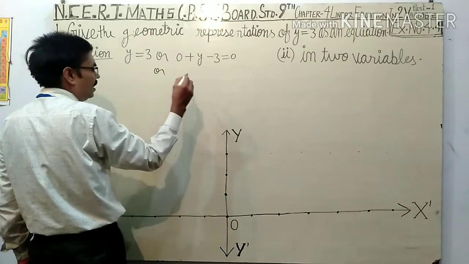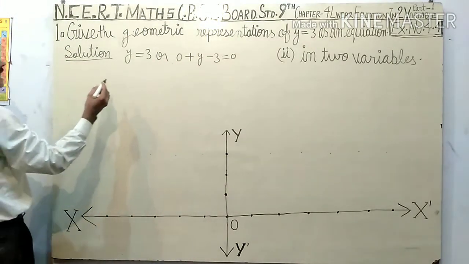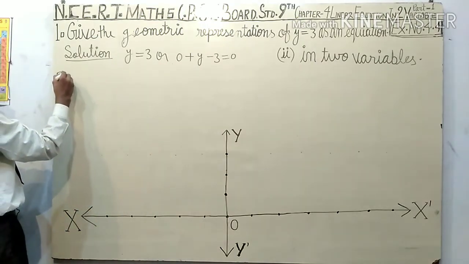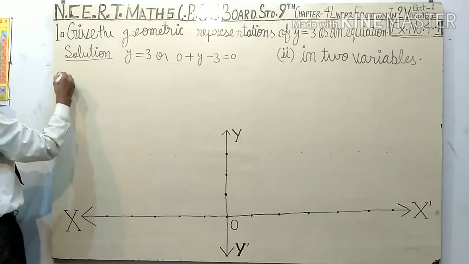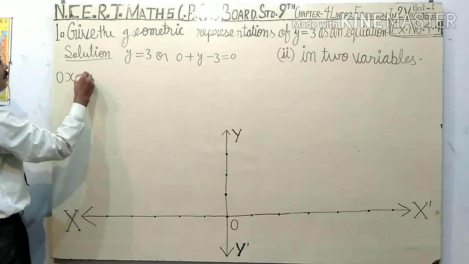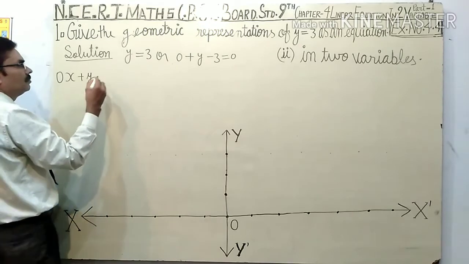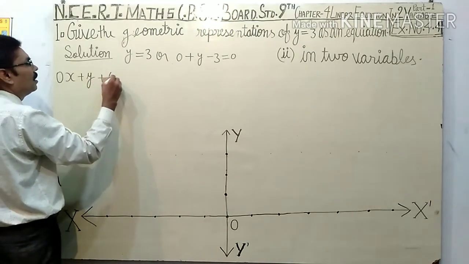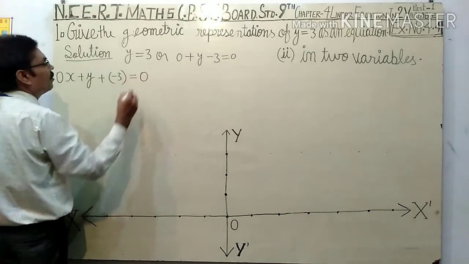Again, this equation can be rewritten as 0x plus y minus 3 equal 0.